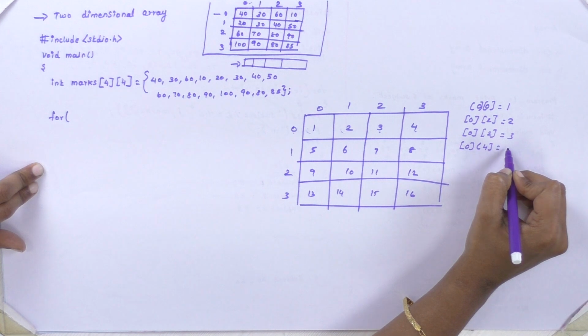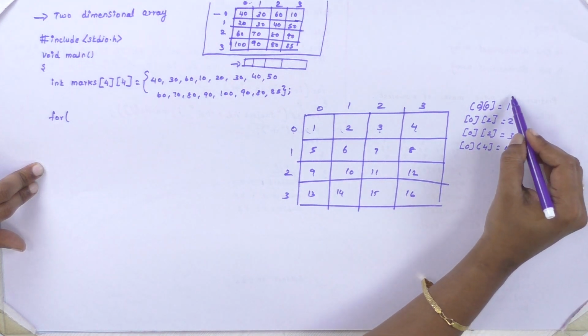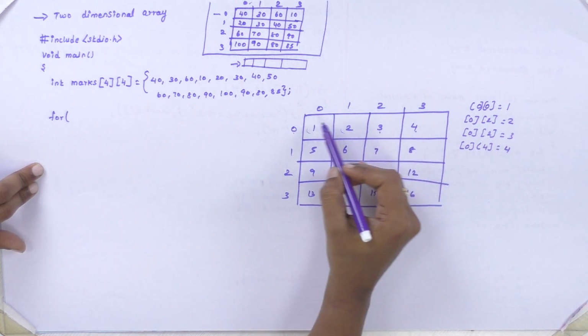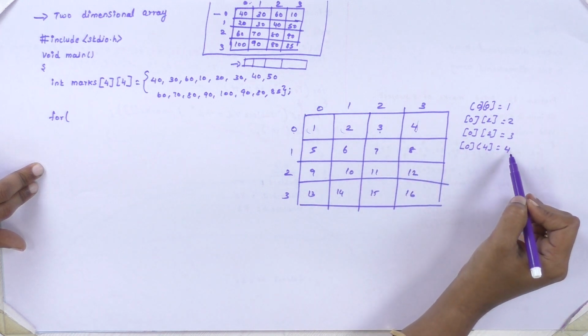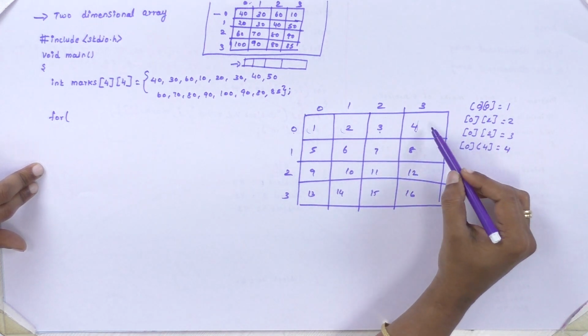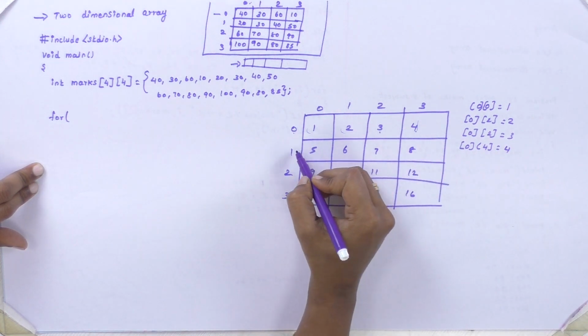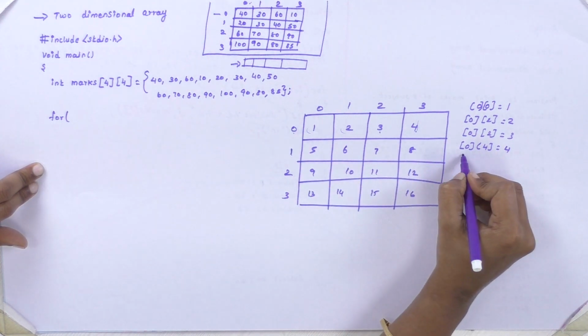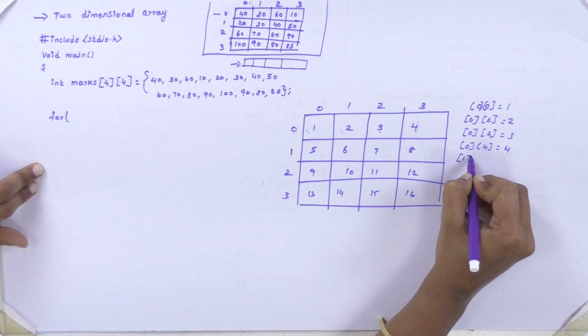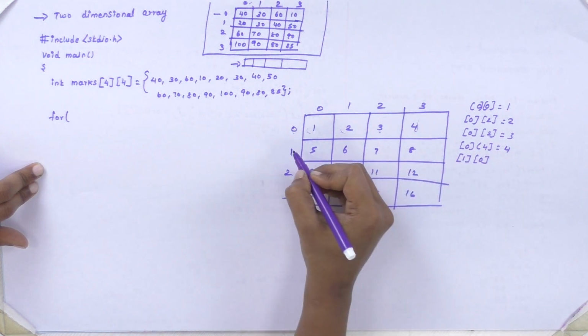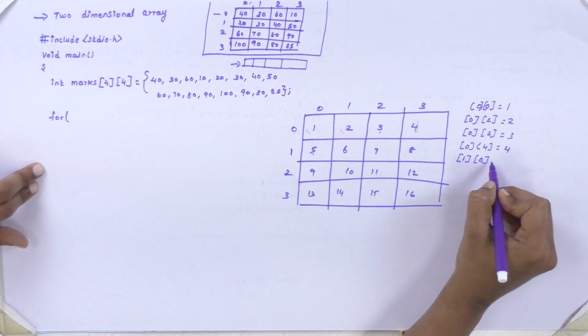So this is the first row: 1, 2, 3, 4. The values of the first row are indicated. Next I am going to display the second row. In that case, the row index will be 1 and the column will be 0. So 1, 0 represents the value 5.